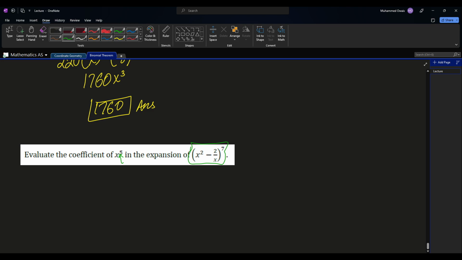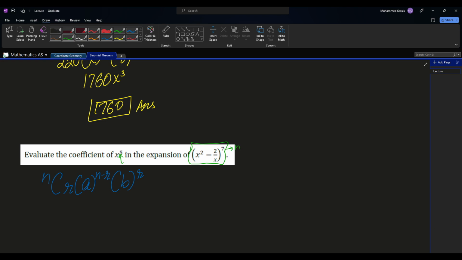Let me write that for you again: nCr into a power n minus r, b power r. Now the second thing we need to do is identify which is r and which is n, which is a, and which is b.